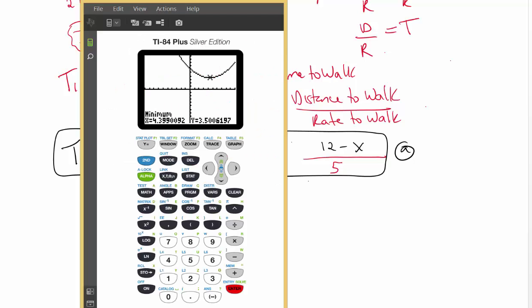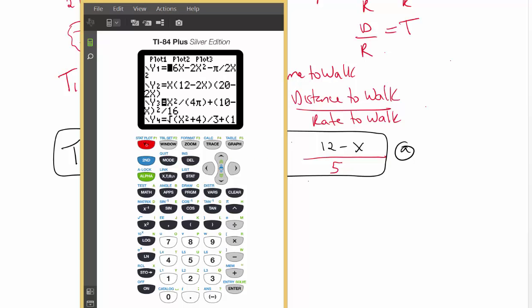So let's go to our calculator, go to y equals. I'm going to turn off the last one we did, and I'm going to turn on this new one. So here's the square root of x squared plus 4, all over 3, plus 12 minus x, all over 5. So that was that time function that we just figured out.